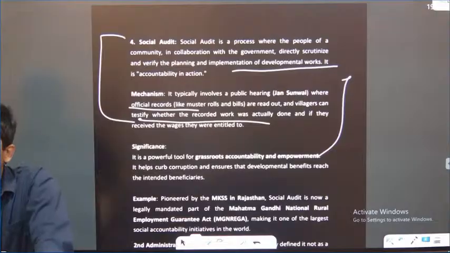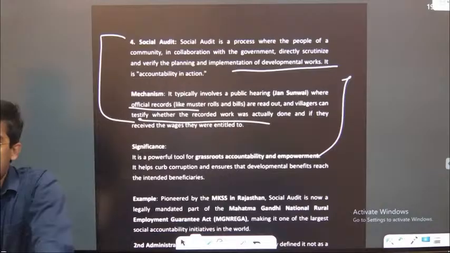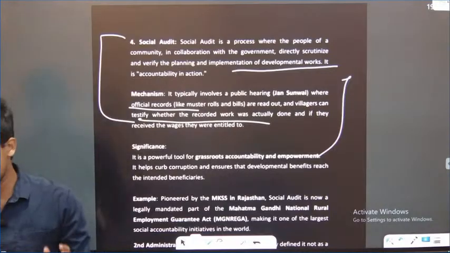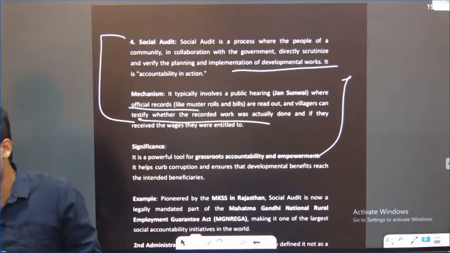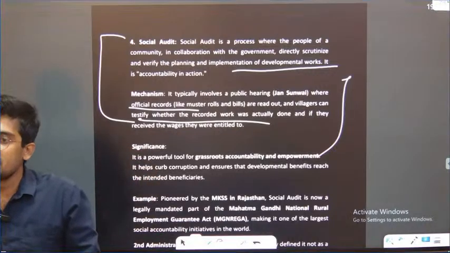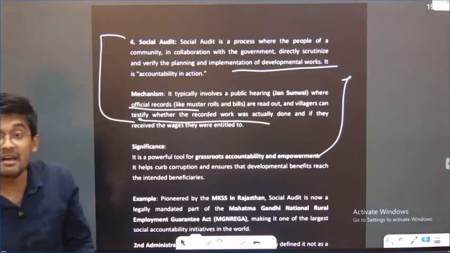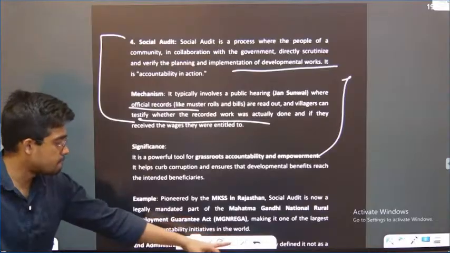If a Jan Sunwai is conducted, you ask people: has this much work been done or not? Have you been paid this much or not? If people say no, that means the government officer is lying and not telling the correct thing. So this shows that Jan Sunwai has the power to democratize things.